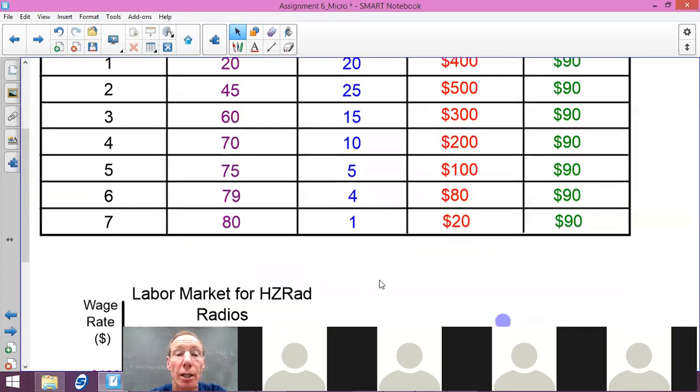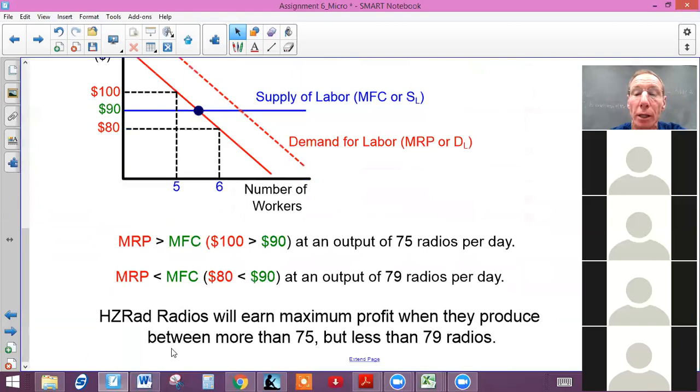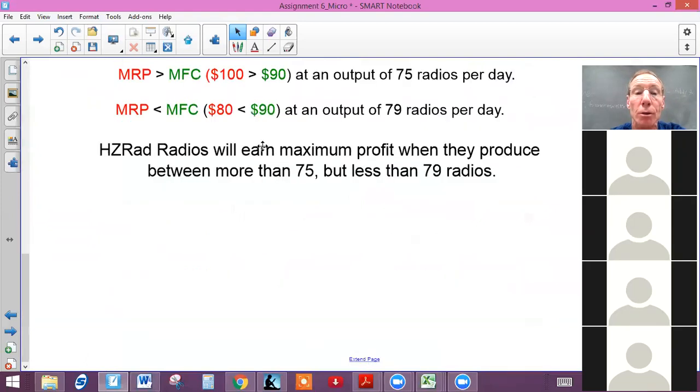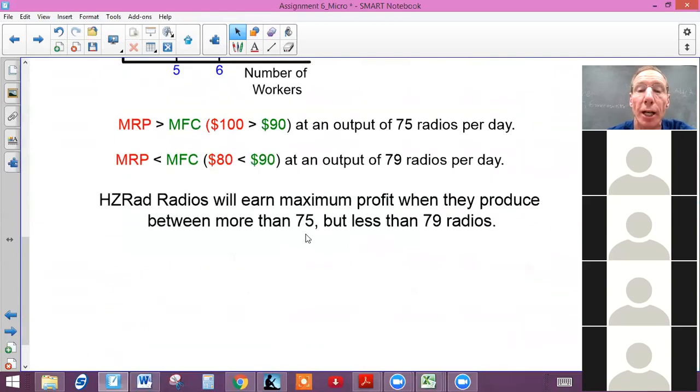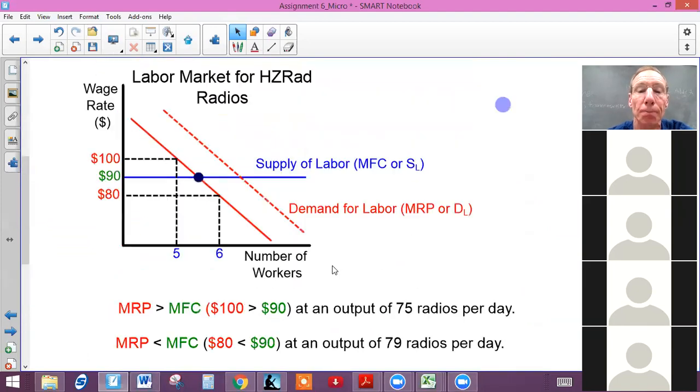At 6, it's not. At 6, marginal revenue product at 80 is less than marginal factor cost. So in order to earn maximum profit, they're going to produce somewhere between 75 and 79 if they can hire half a worker, which I don't know how they can do that, but I would just say 75 realistically, okay? That would be fine. That would be a good answer, okay?